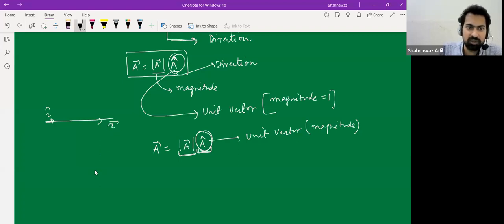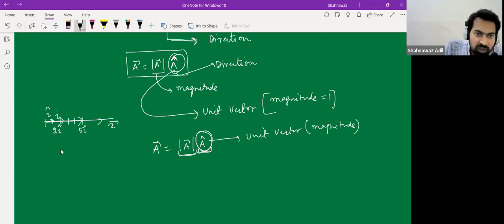Let's say you move 2 units in the x direction. So that would be I plus I, so that is 2I, right? And let's say you have moved 5 units in the x direction. So this vector is 5I, right?